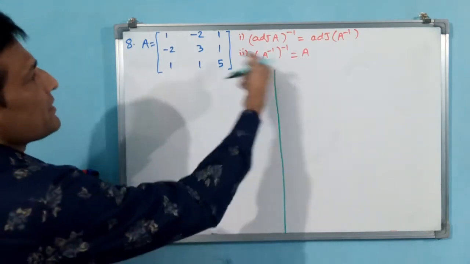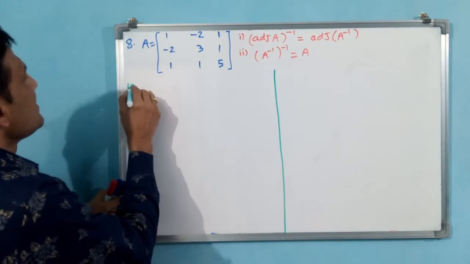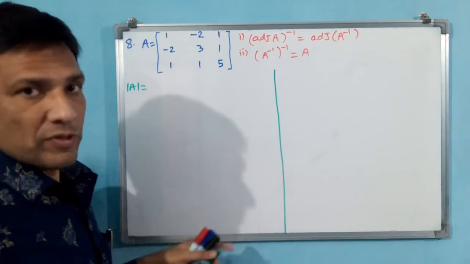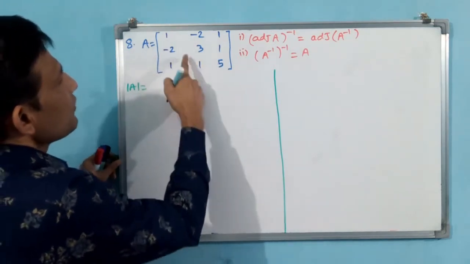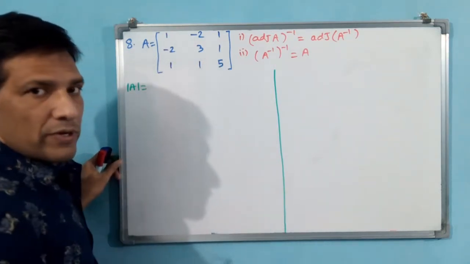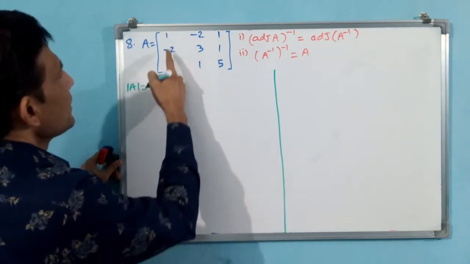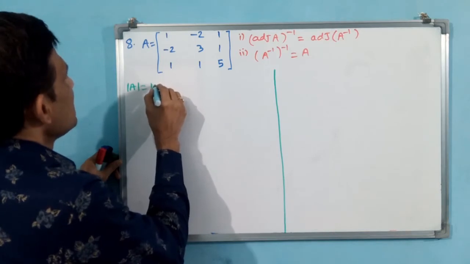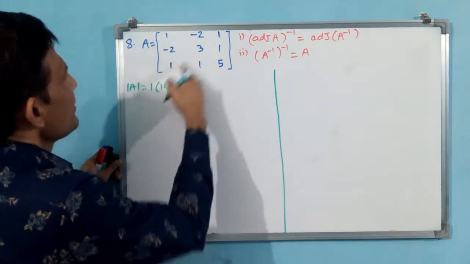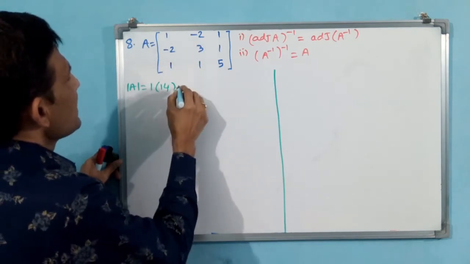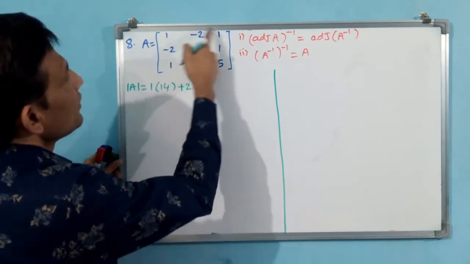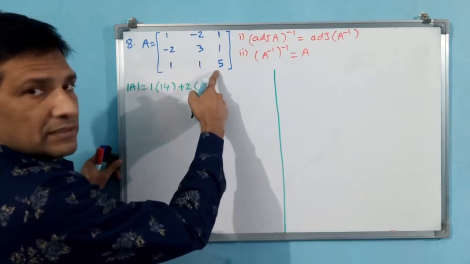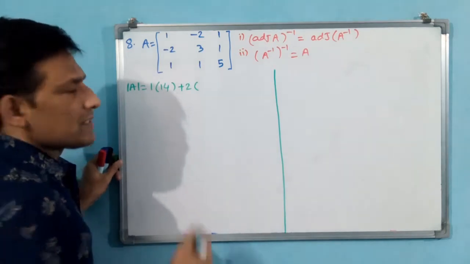First, let us find determinant A. As usual, standard practice, because minors also we want. 1 if you close, 15 minus 1, 14. 1 into 14. Minus of minus 2 plus 2 into minus 10 minus 1, minus 11.